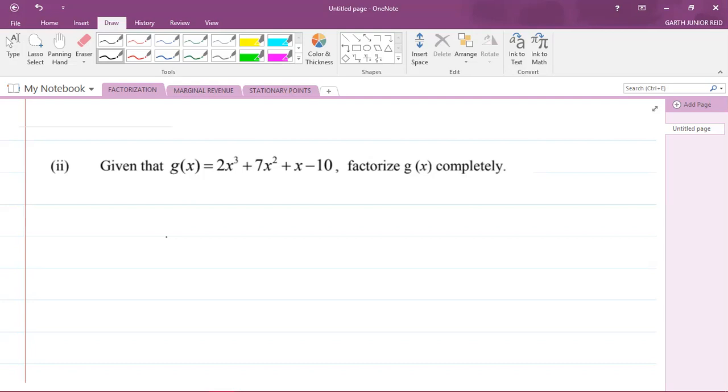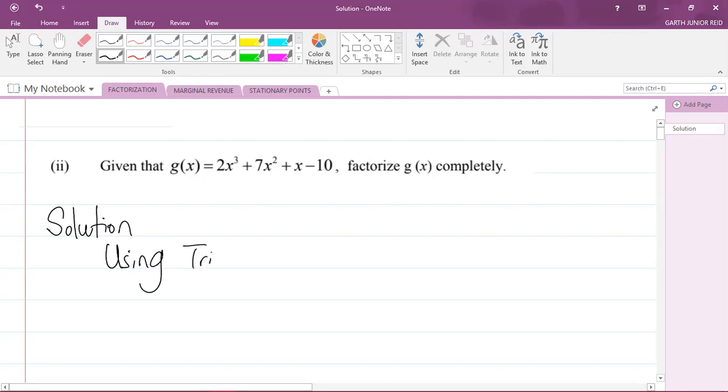Well, what you will have to do is to use trial and error, meaning that you will have to find out the factors of this polynomial. Let's write that down. Solution, using trial and error.